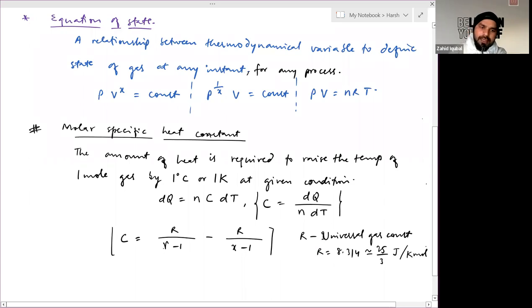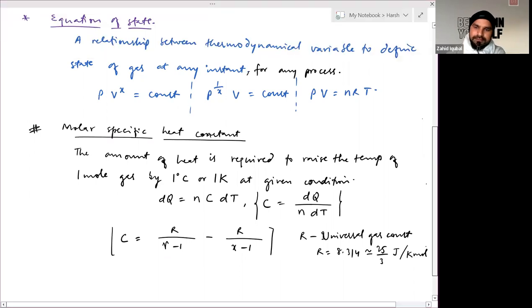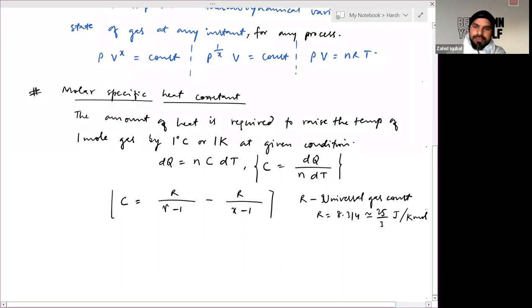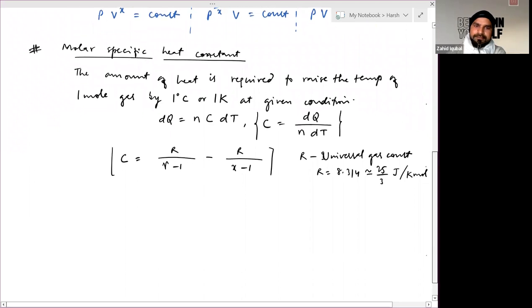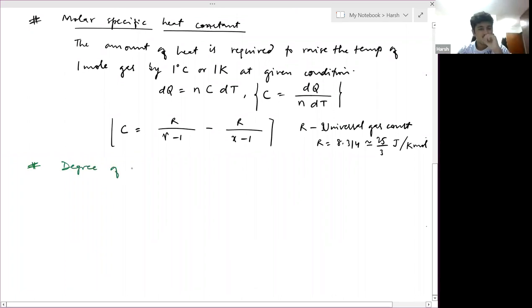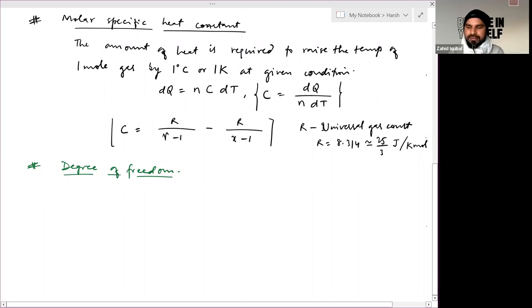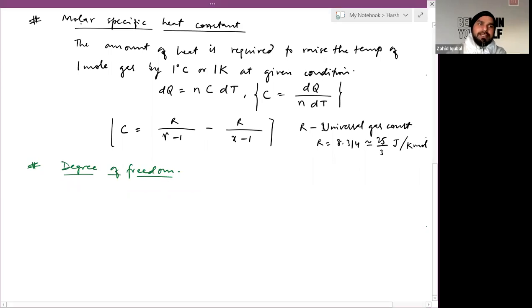Next, gamma. I am defining what you mean by gamma in this part. To define this, let me give you a concept of degree of freedom. Do you have any idea what you mean by degree of freedom? You must have learned about it in kinetic theory of gas.